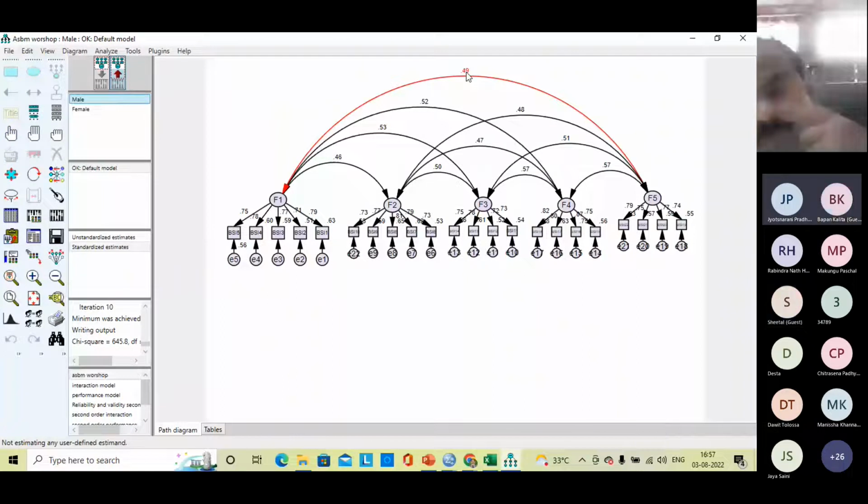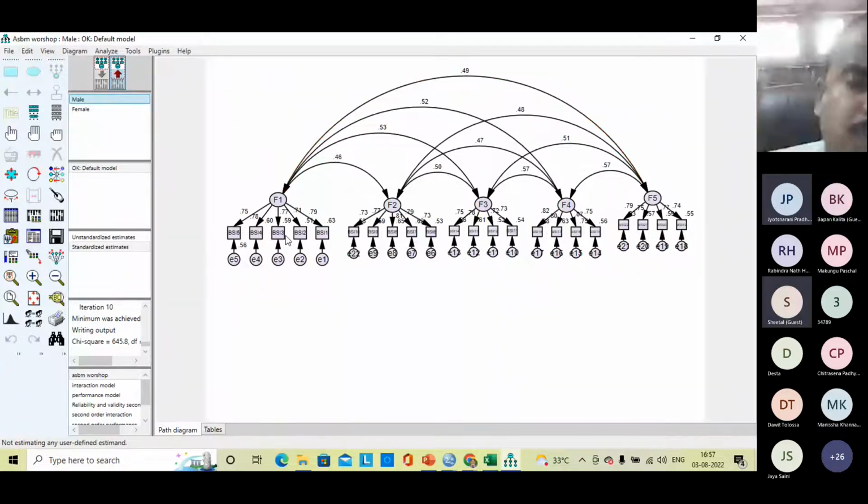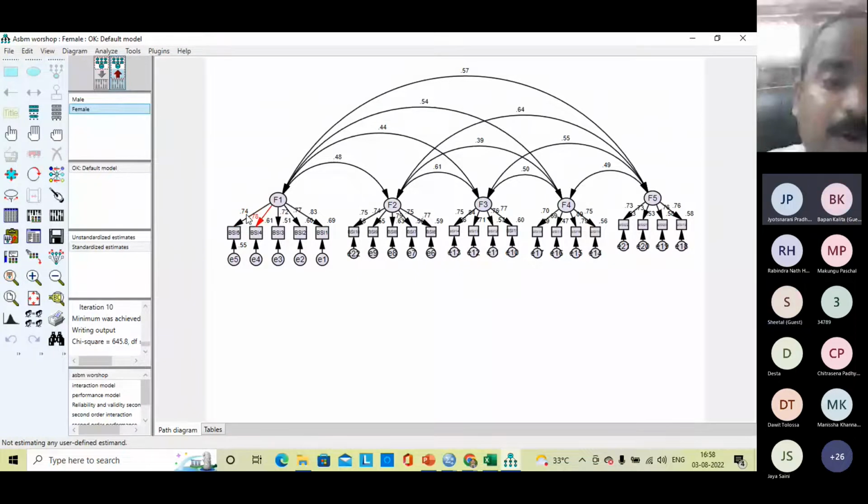The same way we will go to the factor loading. Look at here. BSI 5 is loaded on F1. That means BSI 5 is measuring F1 by 0.75 for the male. Look at the female: BSI 5 is measuring F1 by 0.74, a little bit lesser.